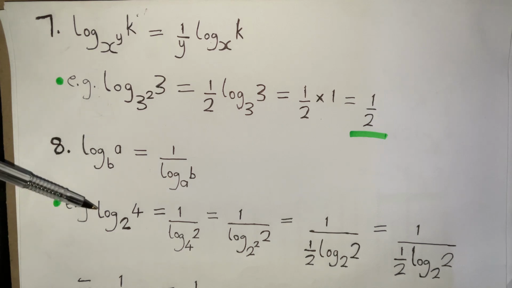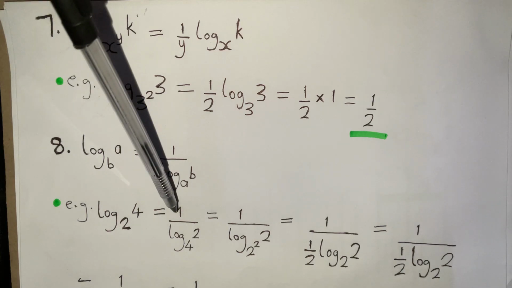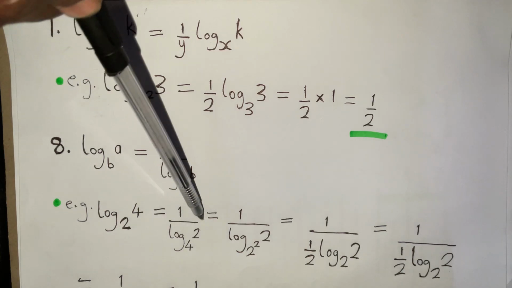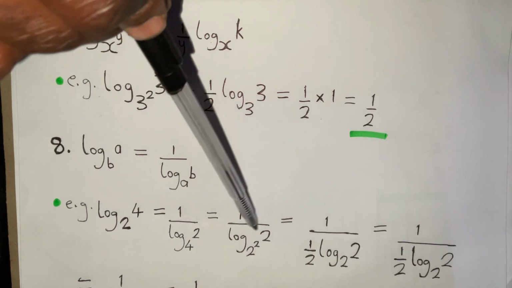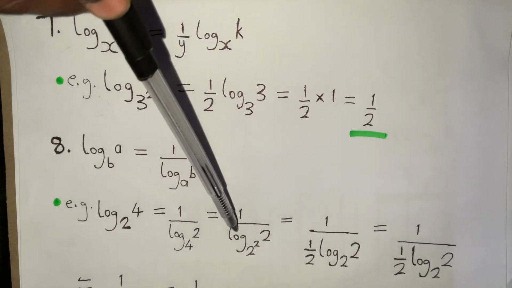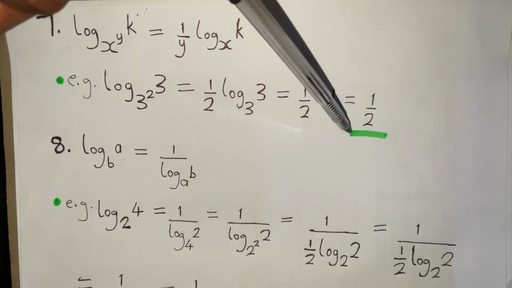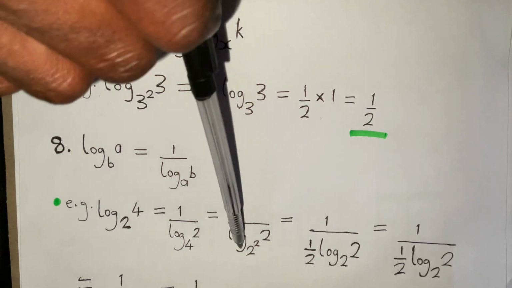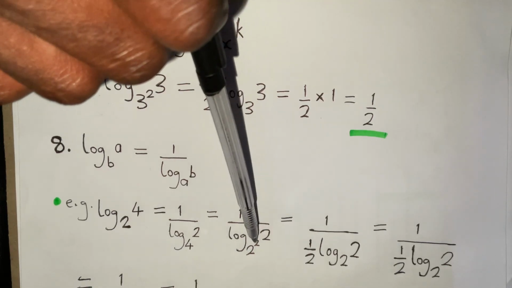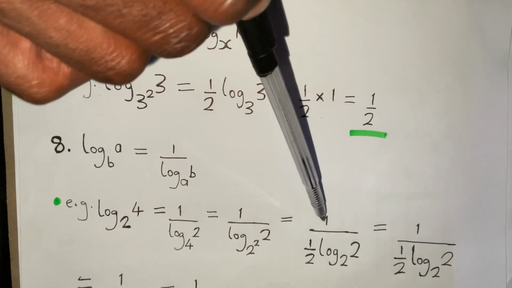As an example, log of 4 to base 2 can be written as 1 over log of 2 to base 4. This 4 can be simplified as 2 to the power 2, so it becomes 1 over log of 2 to base 2 to the power 2. We take this power of the base and write it below 1, like this, half.